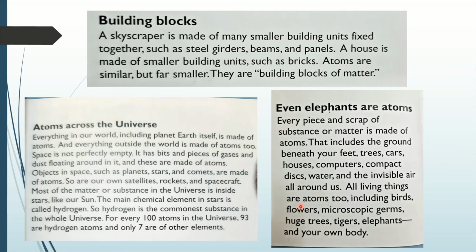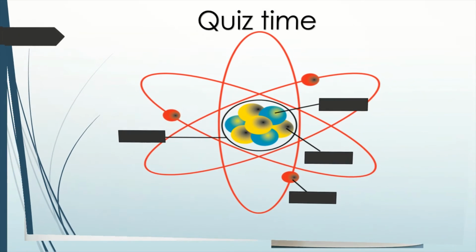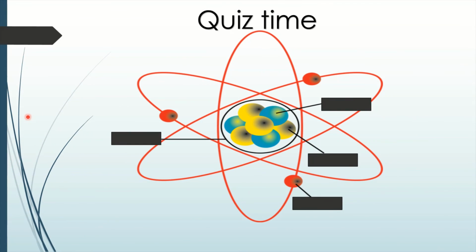All living things are made of atoms too, including birds, flowers, microscopic germs, huge trees, tigers, elephants, and your own body. So this explains that everything around us and on Earth is made up of tiny particles called atoms. Because we cannot see them, we call them tiny particles.